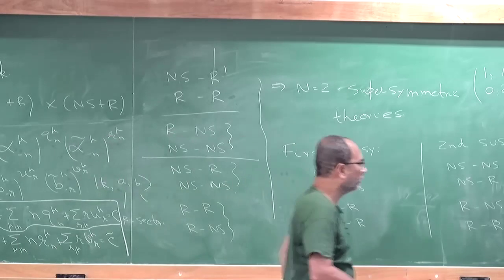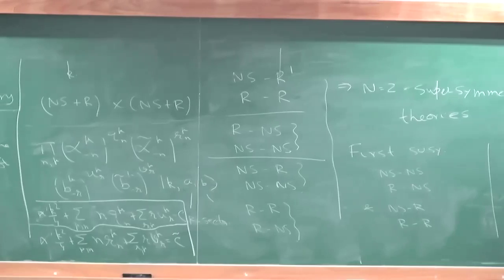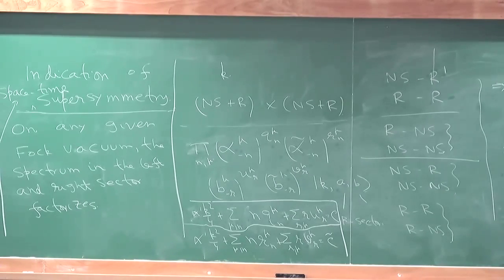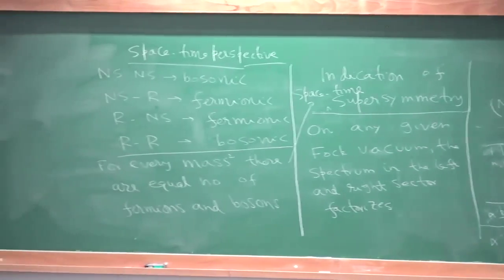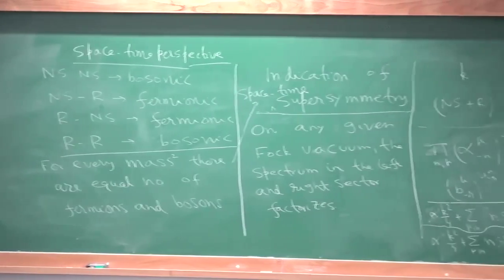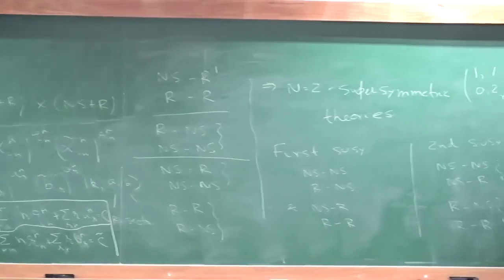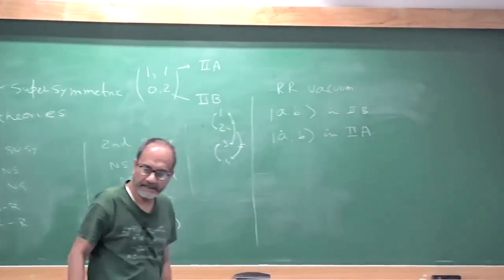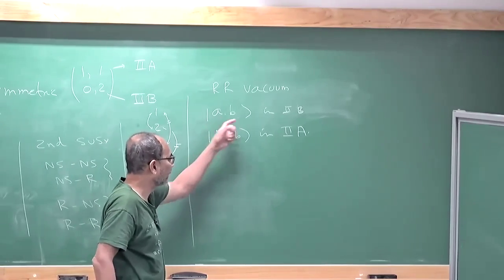Let me remind you, the RR vacuum is (A, B) into A, into B, and (A dot, B) into A dot... By convention, we always take the right sector to have the same chirality. Okay. Then the left sector will have A or A dot, depending on if it's IIB or IIA.